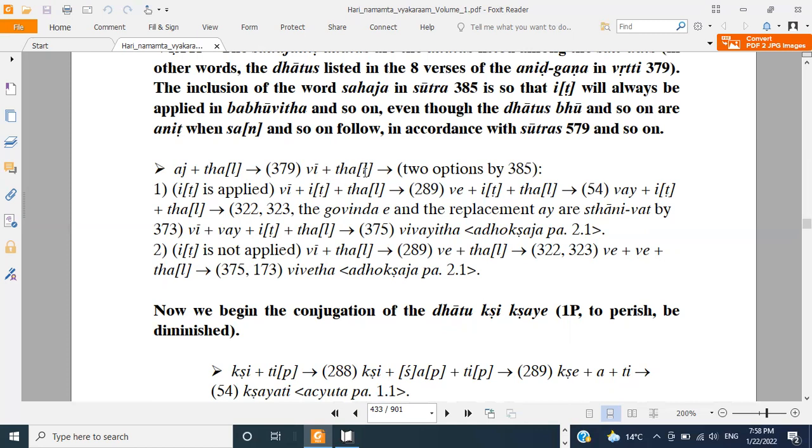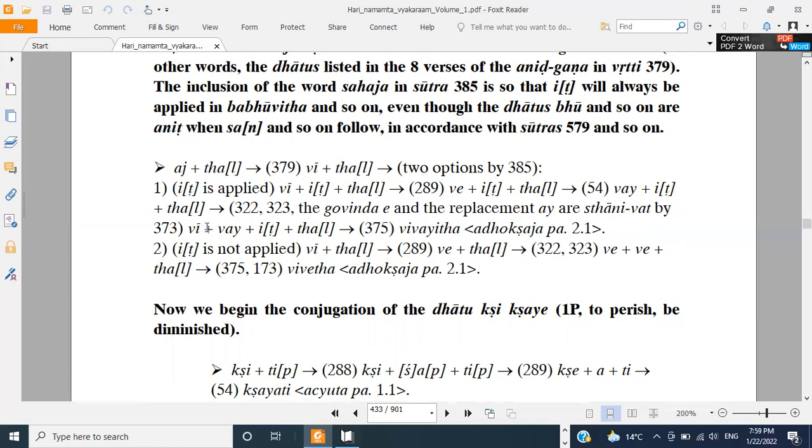So optionally we will insert it. One time when we are inserting it, then ram dhatu ke dhaturantasya govindah pratyay a I, and then sthanivat dvirvachanam, so v, and narasya vamanaha, so we get vivayitha.